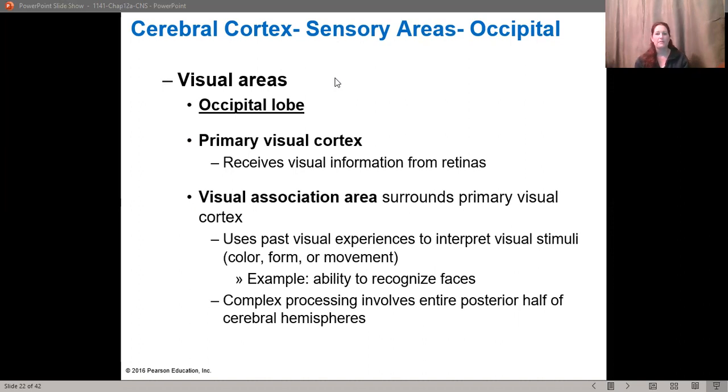And the primary visual cortex is going to receive information from the retina. So it will say, I have a black spot here, and I have a black spot here, and then I have a few orange spots, and then I have some more black spots.